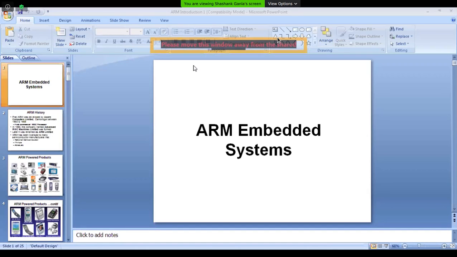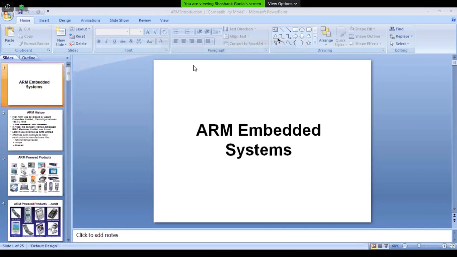So the core may be available in the form of hardware logic to the various semiconductor companies, or the core may be sold to other semiconductor companies in the form of software source code, which may further be extended by that company as per their requirement. So these are the two forms of ARM processor cores or processor architectures.